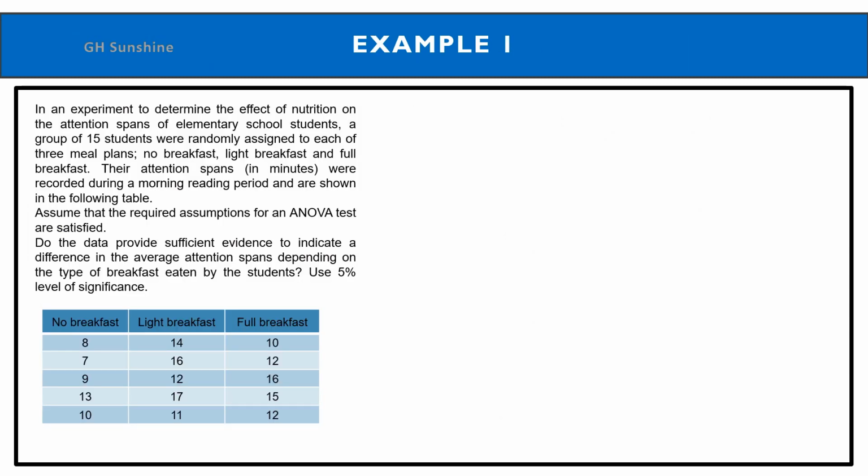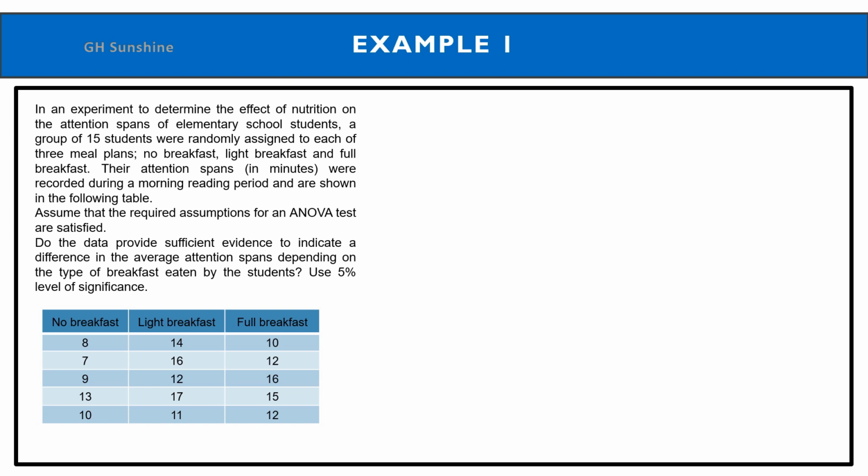Let's look at the first example. In an experiment to determine the effect of nutrition on the attention spans of elementary school students, a group of 15 students were randomly assigned to each of 3 meal plans: no breakfast, light breakfast, and full breakfast. Their attention spans were recorded during a morning reading period and are shown in the following table.